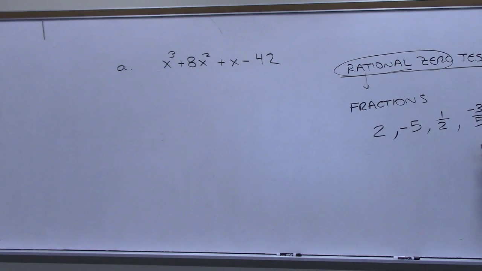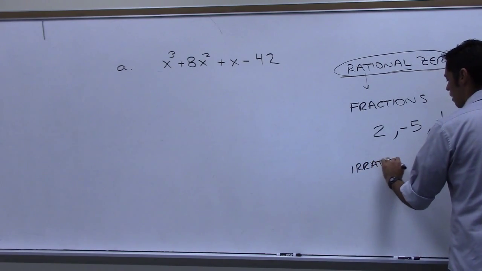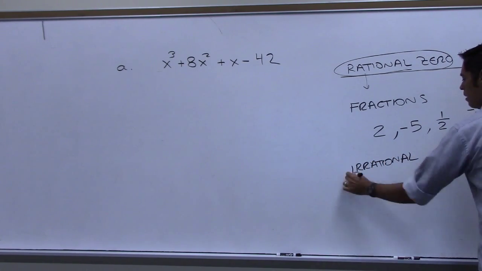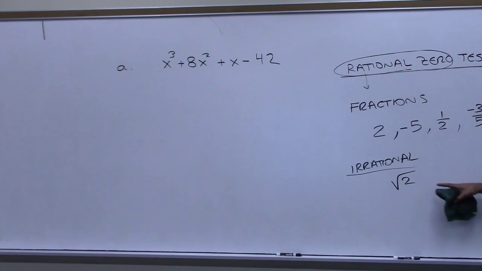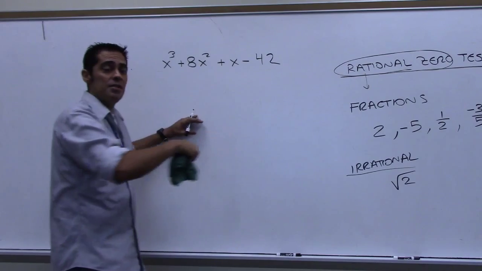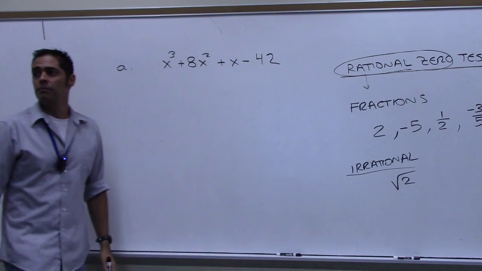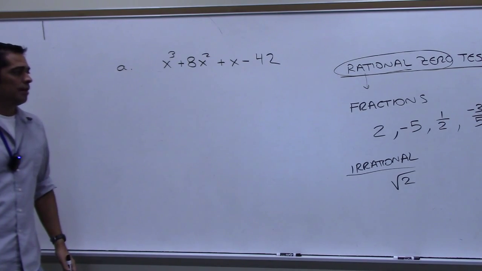But there are a lot of numbers that are not fractions, such as what are called the irrationals, square root of 2. So if the zeros our polynomial has are irrational numbers, this test won't find them.